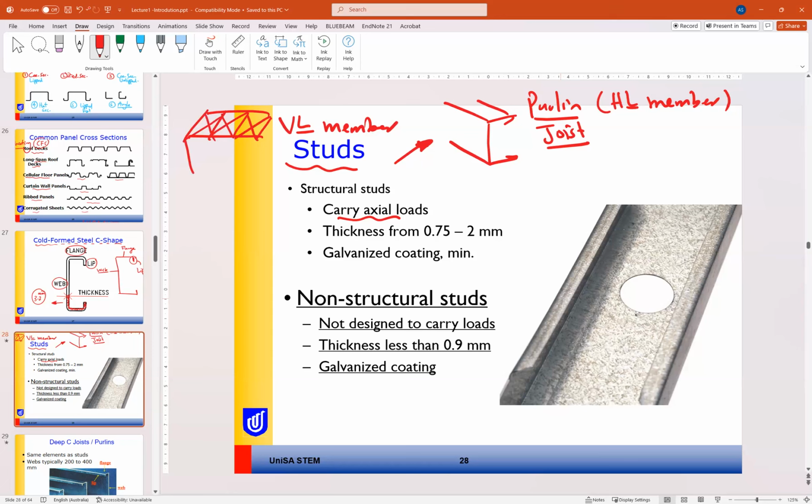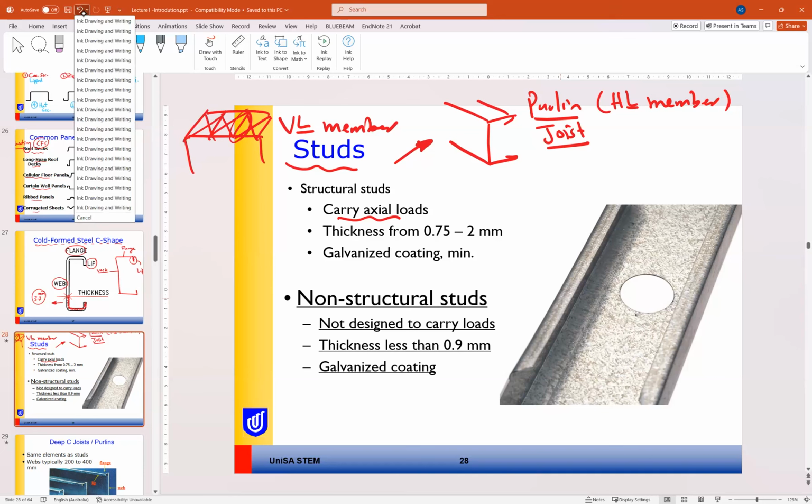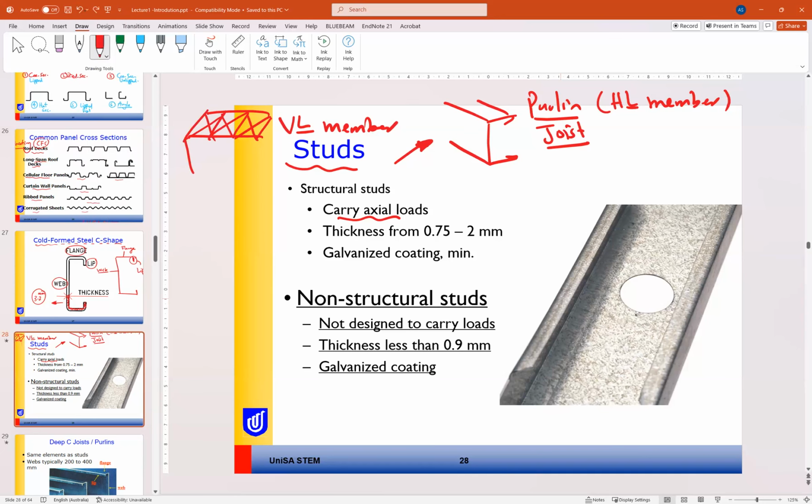So if you have bracing, for example, we can call this part a stud. So stud can be a vertical member usually, but it can also be horizontal. And in horizontal, usually when it is carrying compression force.